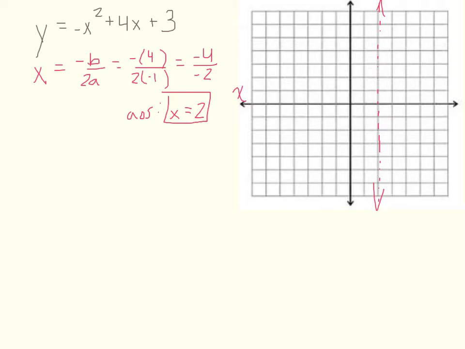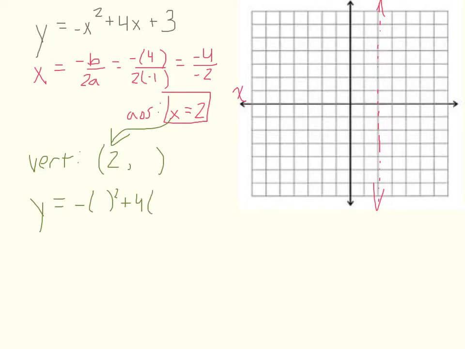The next thing we're going to find is the vertex. Now the vertex occurs in the middle of the graph. I know for my vertex, my x value is going to be the same as my axis of symmetry x value. All I have to do at this point is find the y. So y equals negative x squared plus 4x, plus 3. I almost forgot my parentheses there.